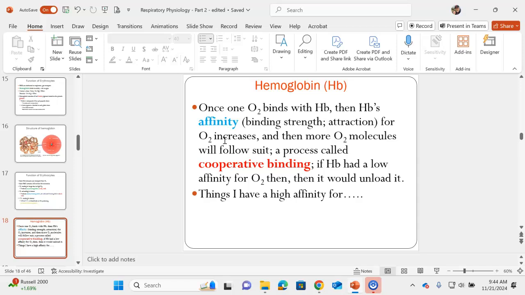If hemoglobin's affinity for oxygen is low, that means oxygen is going to unload, or another way to look at it is the hemoglobin is going to give it away. So again, if hemoglobin has a high affinity for oxygen, it's going to take it. If the affinity is low, hemoglobin is going to give the oxygen away. It's going to unload it to the tissues that need it the most.